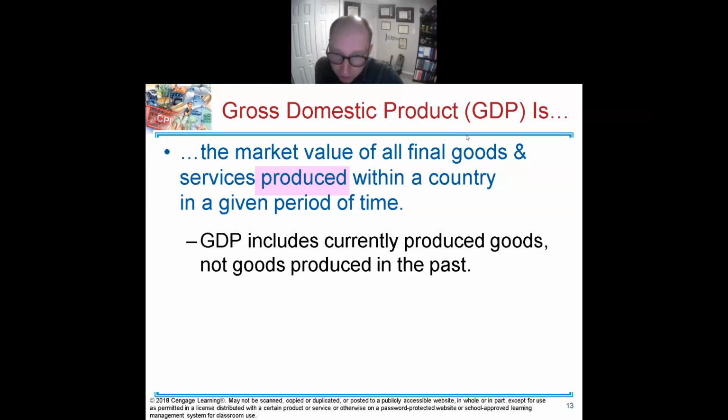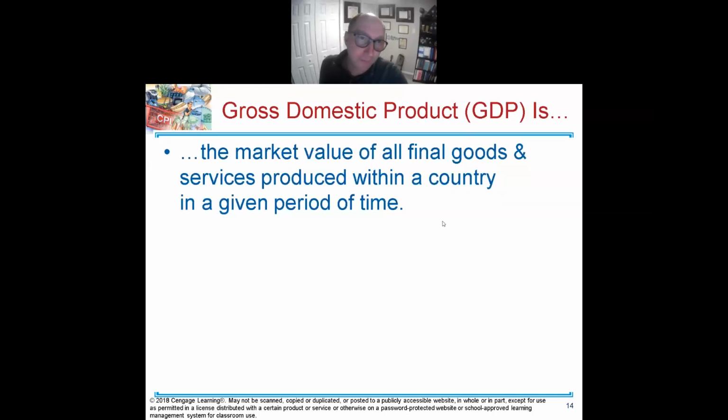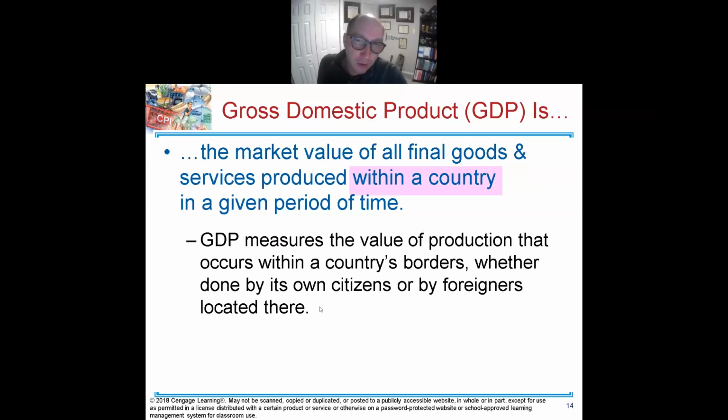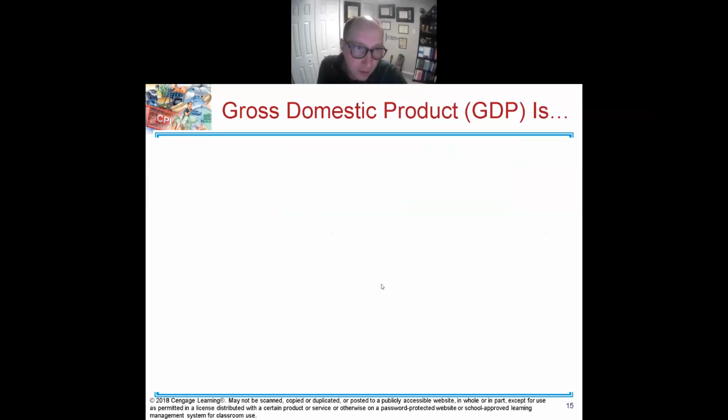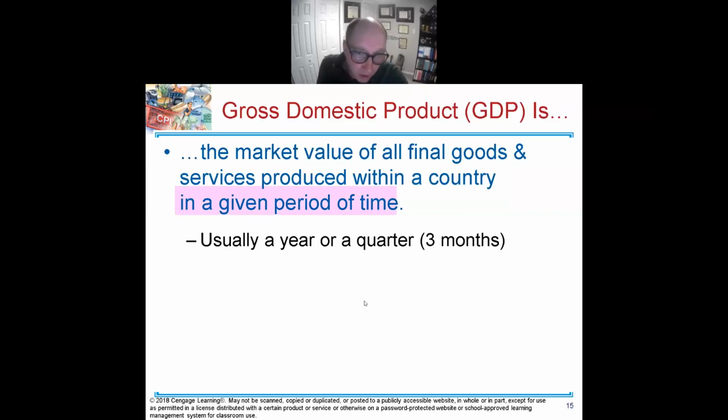So goods and services that are current. Within one country's borders, United States, for example, done by our own citizens or by other groups of individuals within the country who are also working in the country. During a particular time, quarter or year.